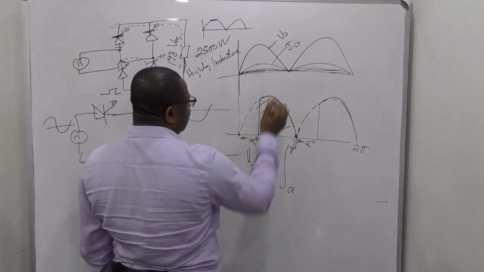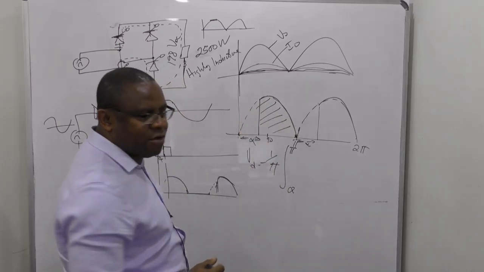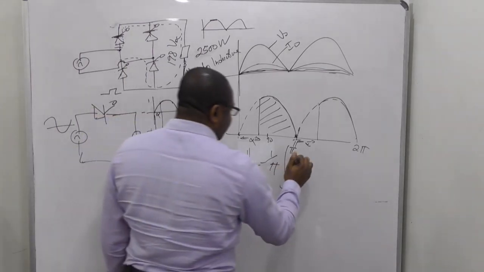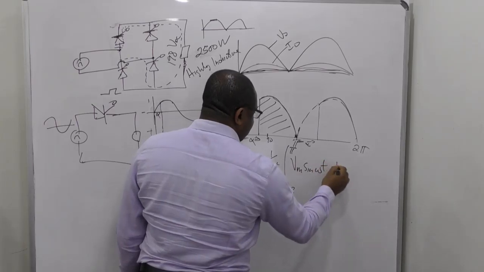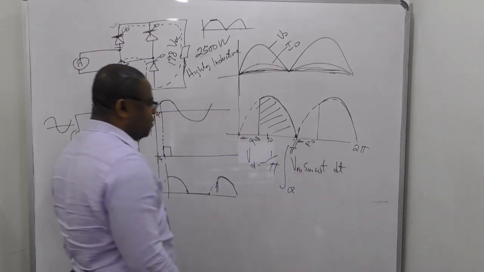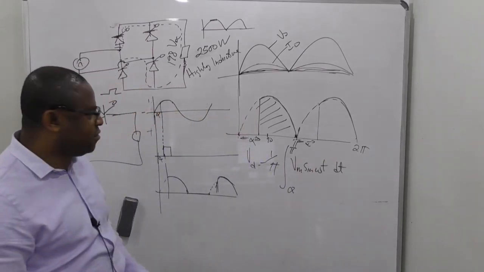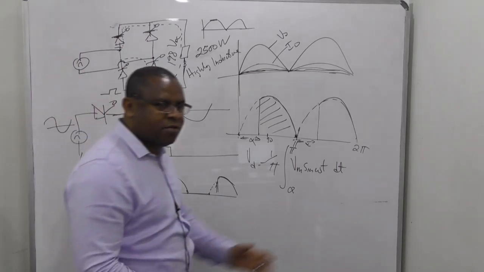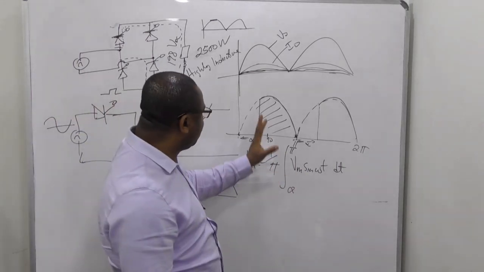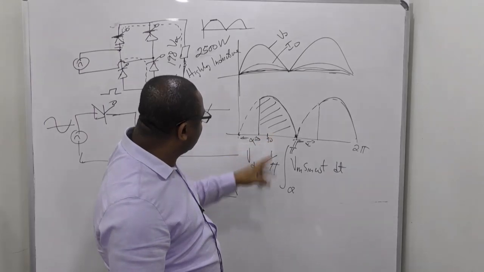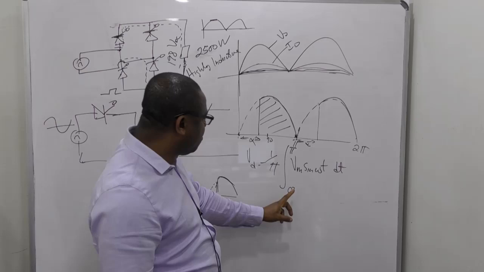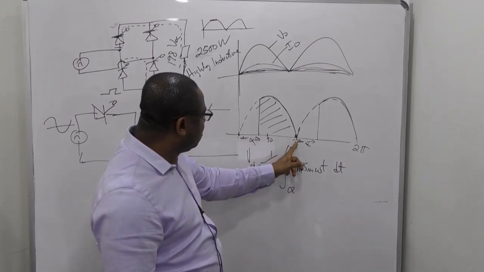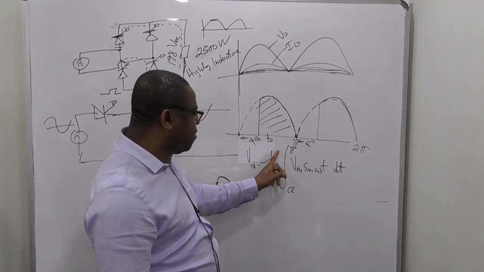This waveform is still a sine wave, still Vm sine omega t dt. You can integrate it the way I said before: 1 over 2 pi, integrating from alpha to pi multiplied by 2.